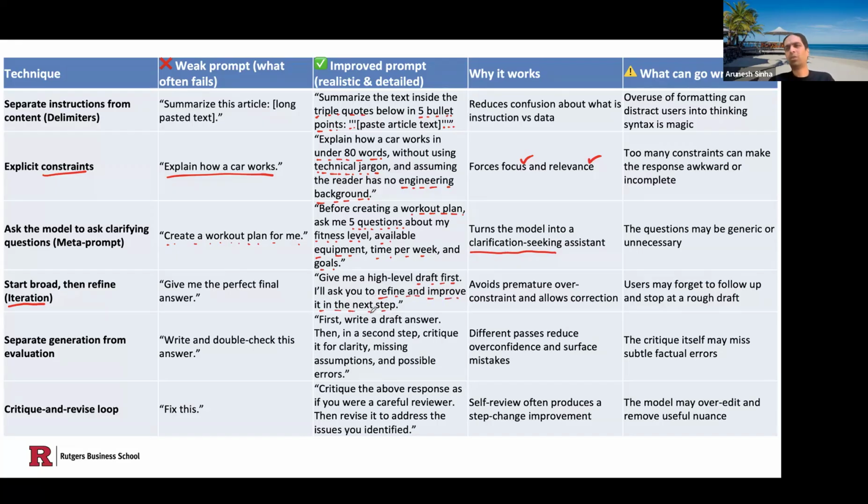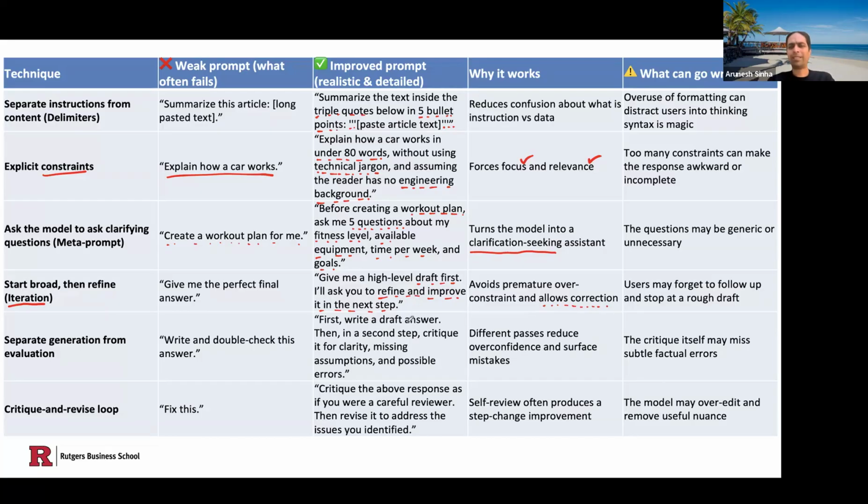Here you are not constraining the LLM to give a very polished reply, and it allows for correction. What does it mean to allow for correction? When you say you will ask it to refine and improve, in the next step the LLM will refine and improve the first high-level draft that it generated.